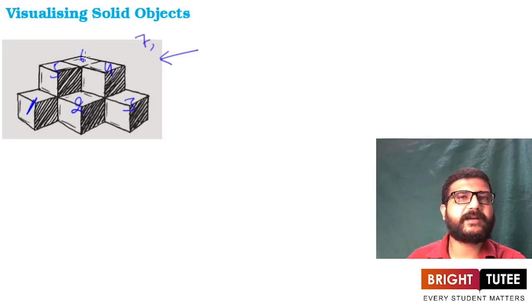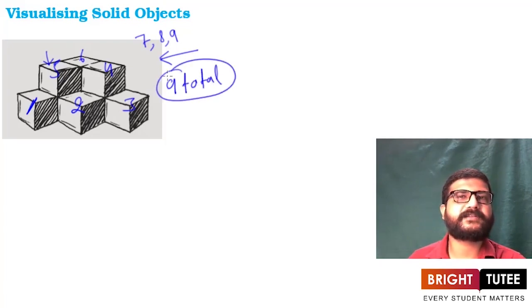Then one cube will be below 6, so that one will be the 8th one, and one will be below the 5th cube, that is this cube here. One cube will be below this cube, so that will be the 9th cube. So it means in total there are 9 cubes.